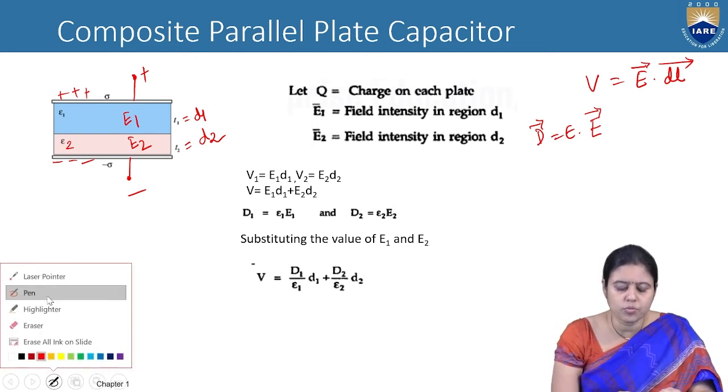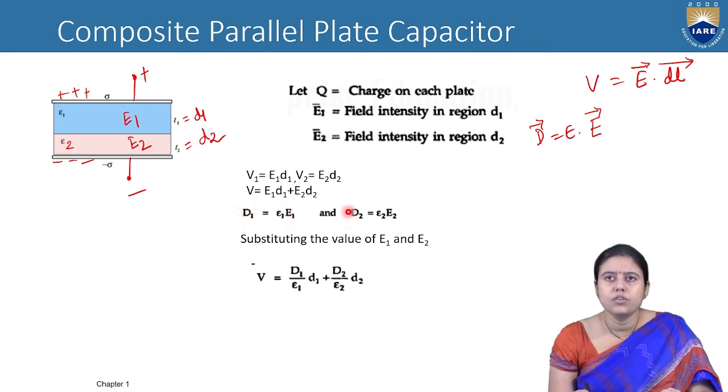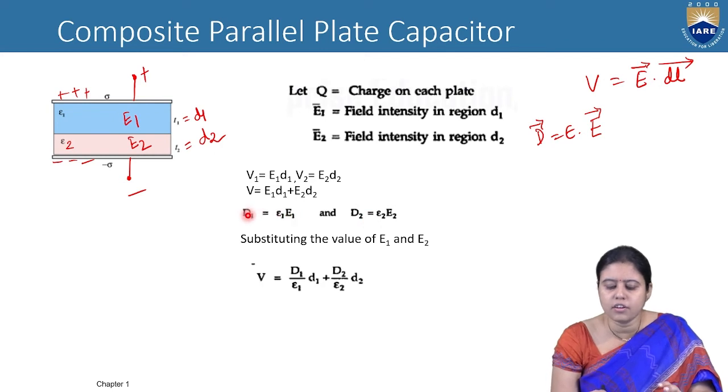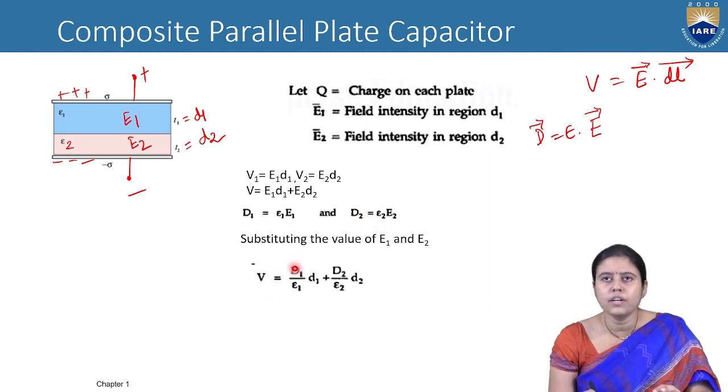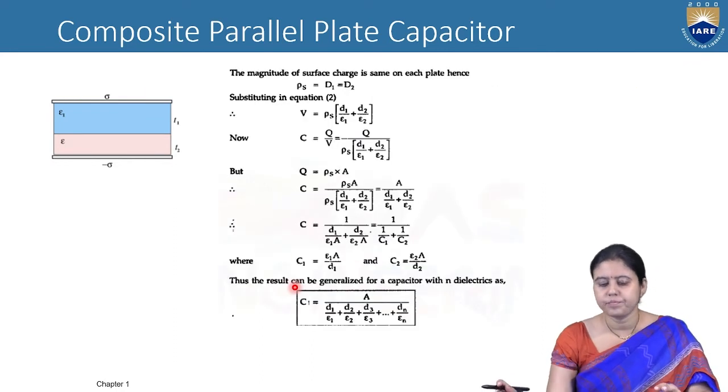So for case 1, D1 is equal to epsilon 1 into E1, and D2 is equal to epsilon 2 into E2. So E1 is equal to D1 by epsilon 1, and E2 is D2 by epsilon 2. So voltage is D1 by epsilon 1 times d1 plus D2 by epsilon 2 times d2. This is our new voltage equation.